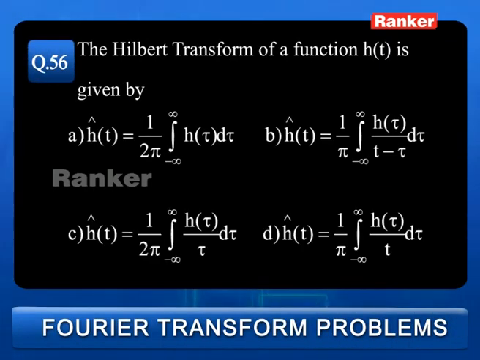Next question, 56th question. The Hilbert transform of function h of t is given by A, h cap of t is equal to 1 by 2 pi integral minus infinity to plus infinity h of tau d tau, B, h cap of t is 1 by pi integral minus infinity to plus infinity h of tau by t minus tau d tau, C, h cap of t is 1 by 2 pi integral minus infinity to plus infinity h of tau by tau d tau, and D, h cap of t is given by 1 by pi integral minus infinity to plus infinity h of tau by t d tau.